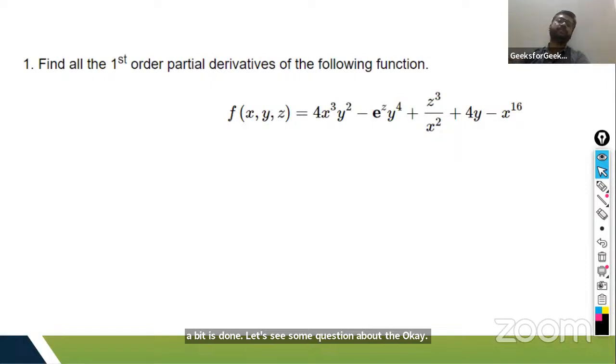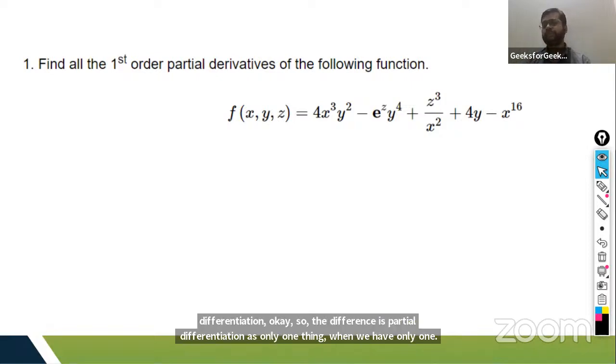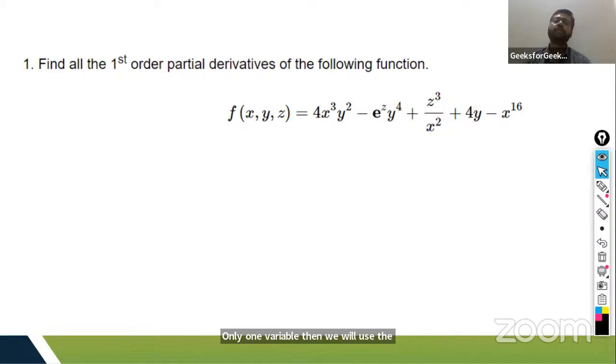Now, in first order partial differentiation, when we have only one variable, then we will use differentiation. But once we are using multiple variables, then we will use partial differentiation. In partial differentiation or full differentiation, there are orders.